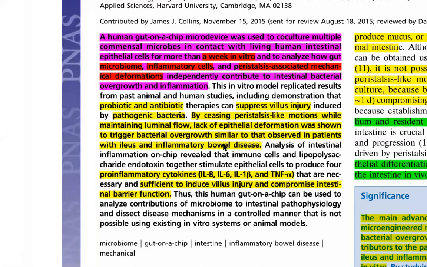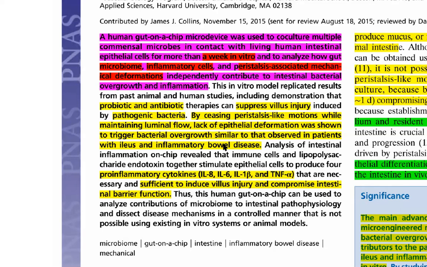And they used this device to analyze how gut microbiome, inflammatory cells, and peristaltic cyclic mechanical strain or deformation, how these factors independently can contribute to intestinal bacterial overgrowth and inflammation.